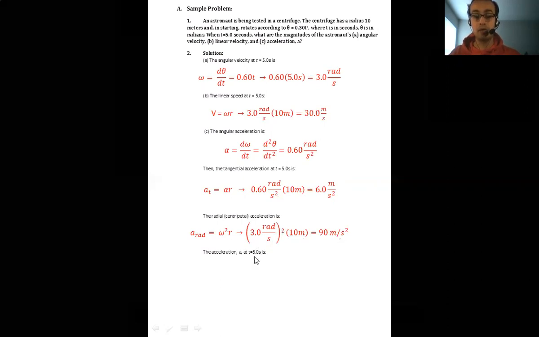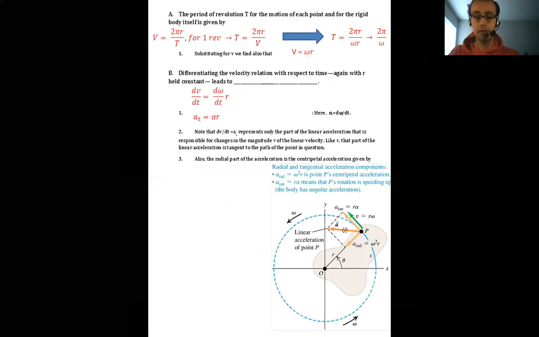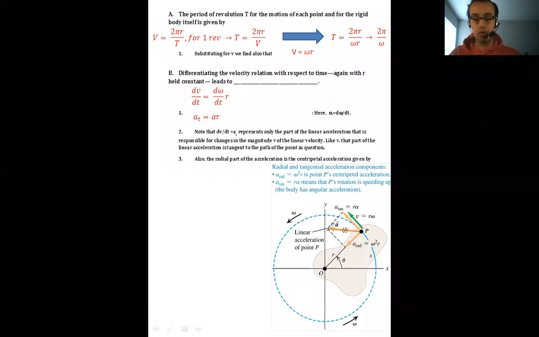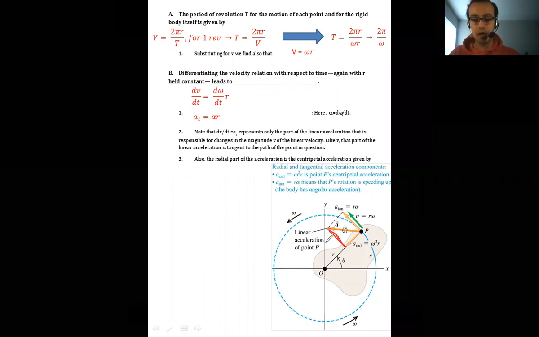And then to find the total acceleration, if we're looking at linear acceleration, we know that this is a vector sum. We know that we have two sides of a right triangle here. We have a tangential here, a radial here, and we've got a right triangle.